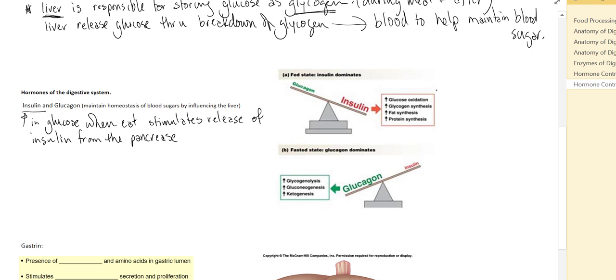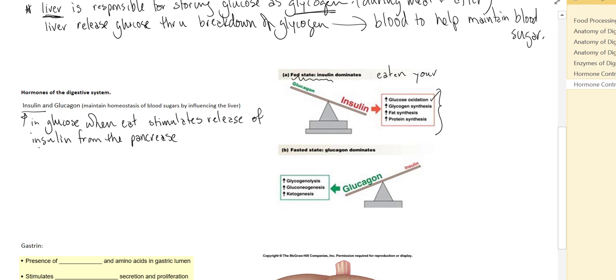So we can see the summary in this box over here on the right-hand side. And that is, in the fed state, insulin dominates. And so, you've eaten your meal, and the release of insulin causes this cascade of events.